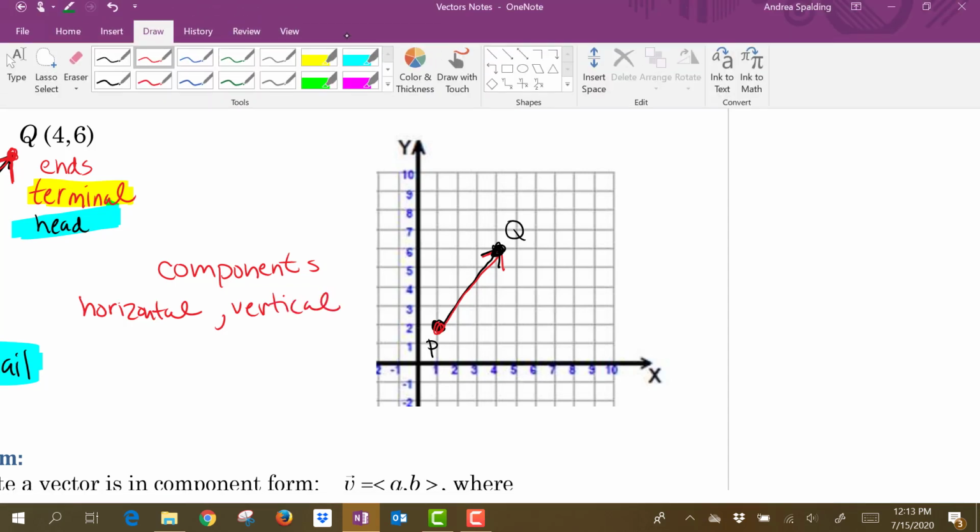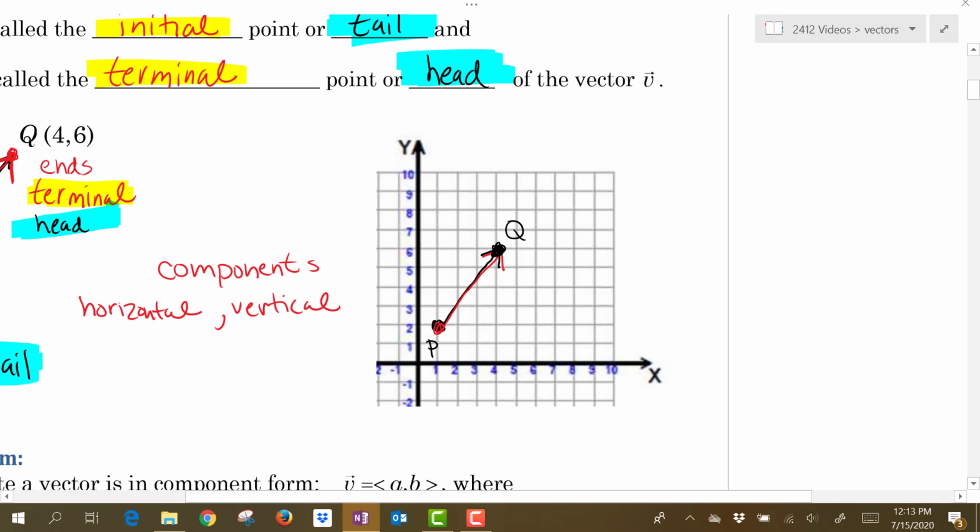How much do we need to move, right or left, to get from the initial point P to the terminal point Q? In this case I need to move to the right 1, 2, 3 units to get from P to Q. So our horizontal movement is a positive 3. If we move to the right, then that horizontal movement will be considered positive.